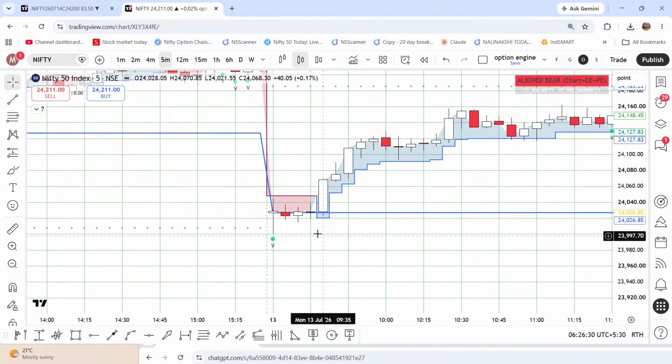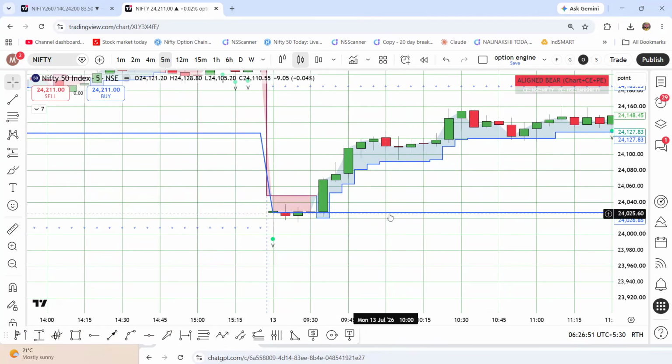You can see the grid level, the Nifty price is climbing above the grid. It is becoming positive. My grid indicator is telling this is the grid baseline and price is becoming positive.